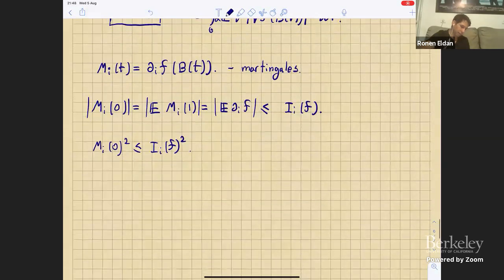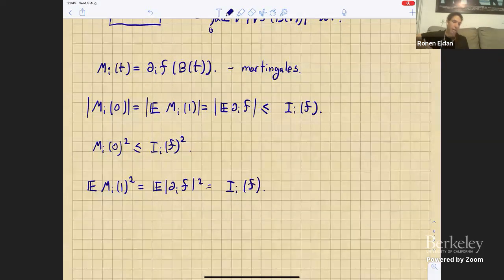On the other hand, the expectation of m_i of 1 squared is equal to the expectation of the square of the ith derivative of f at time 1, which is just under the uniform measure, squared, which is exactly equal to the ith influence.